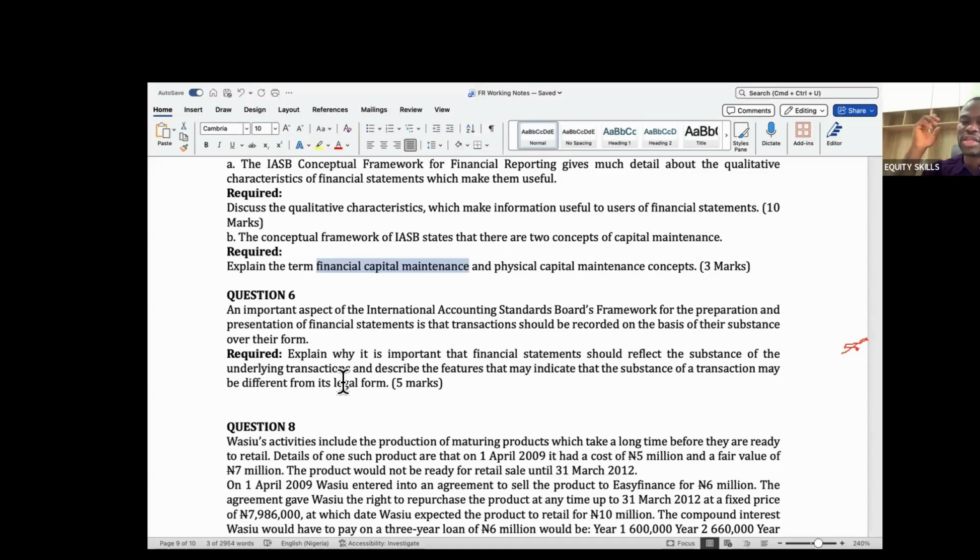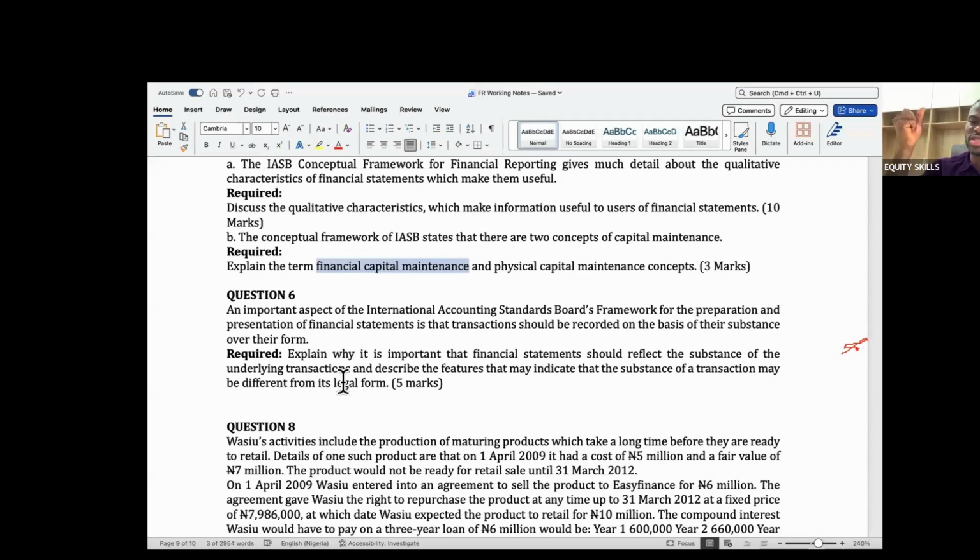And features that indicate that the substance is different from legal form is where ownership is different from control, right? Where ownership of an asset is different from who has control of the asset, or where there is an option to repurchase an asset.